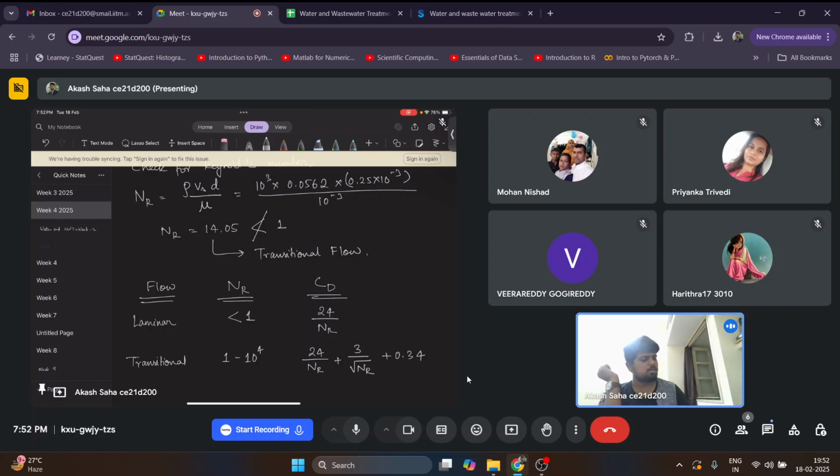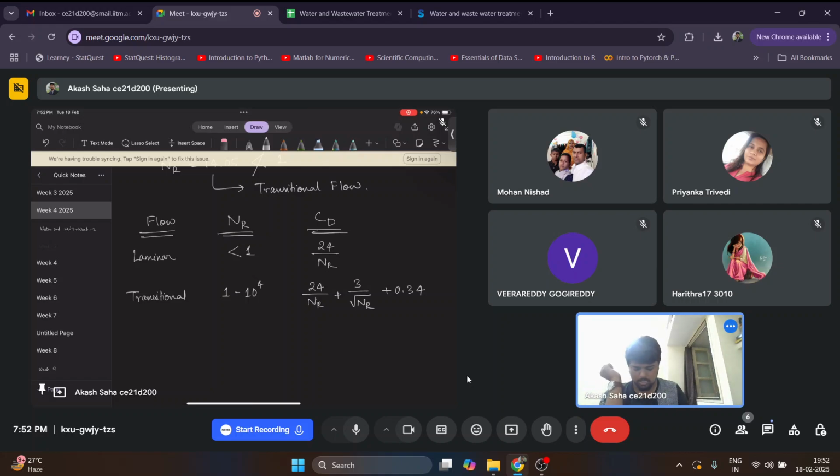I am telling you the formulas for all of this. And if the flow is turbulent, NR should be greater than 10 to the power 4 and the CD value is 0.4. That's how you have to find out the Reynolds number.